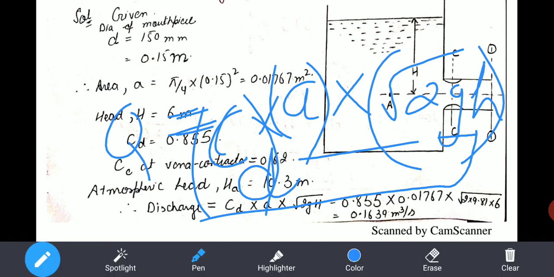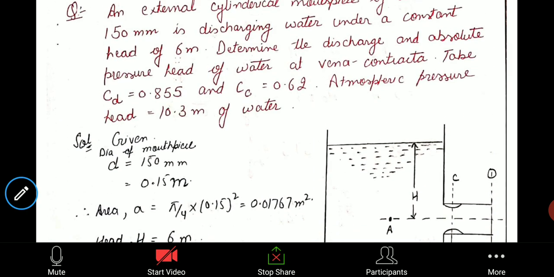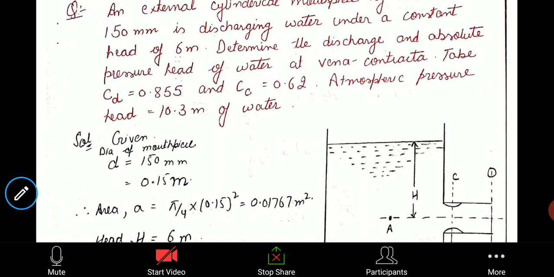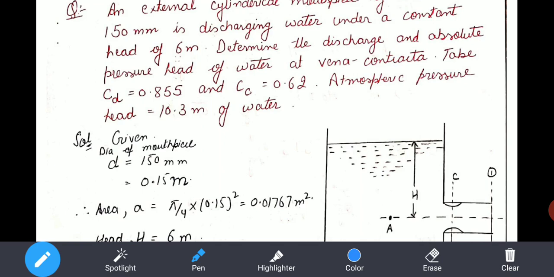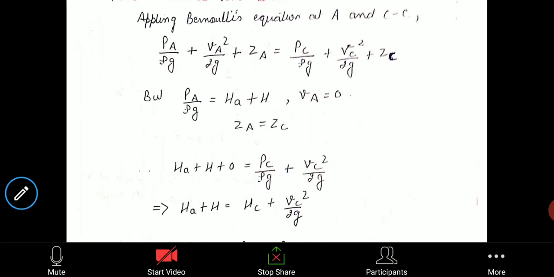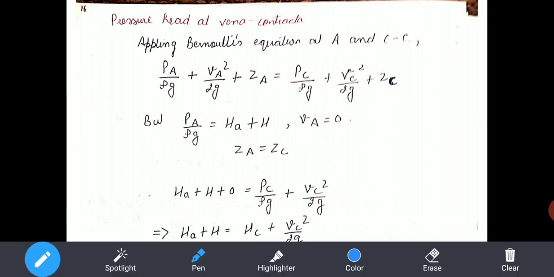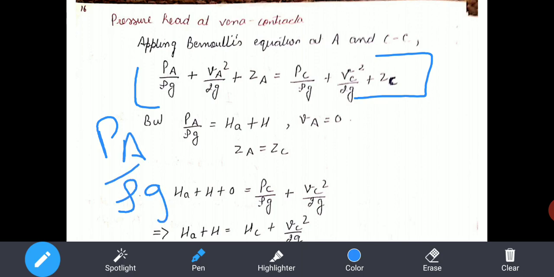Another part given in the question is that we also have to obtain the absolute pressure head of water at the vena contracta. So how can we obtain this? Simply apply Bernoulli's equation. Apply Bernoulli's equation at section 1, which is inside the tank, and at the vena contracta. Now, p_a upon rho g is the pressure head.